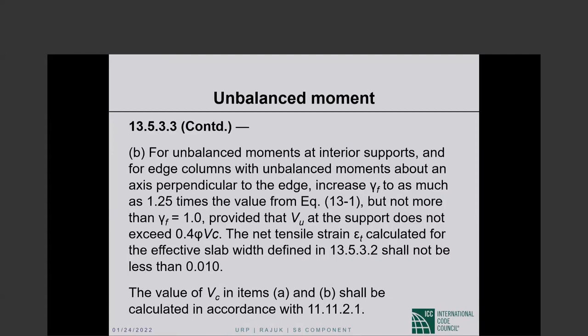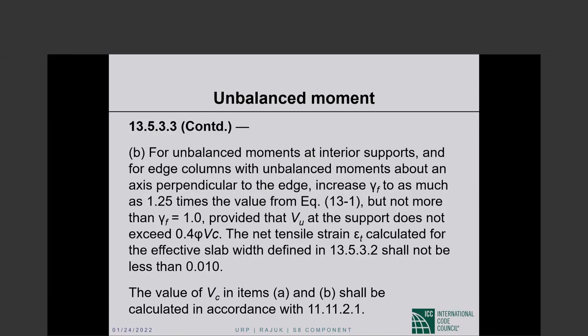So at an interior column, or an exterior column where bending is parallel to the edge, gamma sub F cannot be taken all the way to 1, but we can increase gamma sub F to as much as 1.25 times the value given by 13.13-1. So if we get 0.60 for gamma sub F, we can increase it to 0.75. But something like that, 1.25 times the value calculated, we cannot go above 1.0.